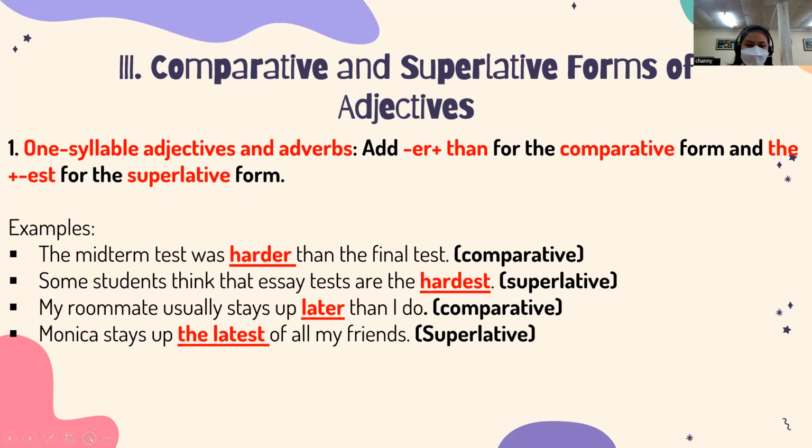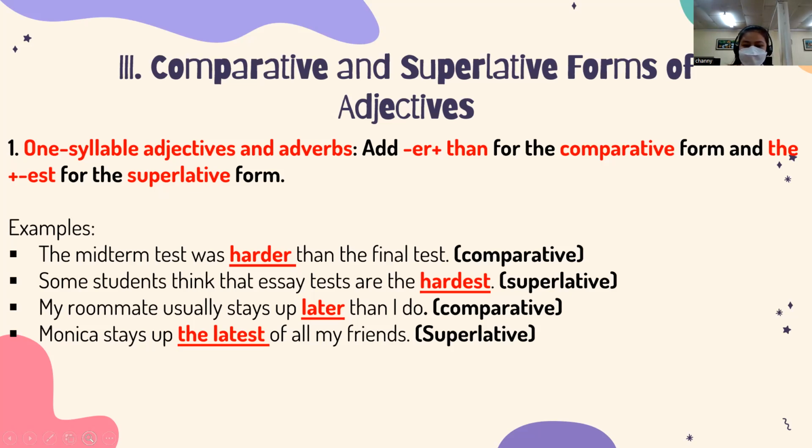The first example: the midterm test is harder than the final test. Here we use two things to compare. The second example: some students think that the essay test is the hardest.